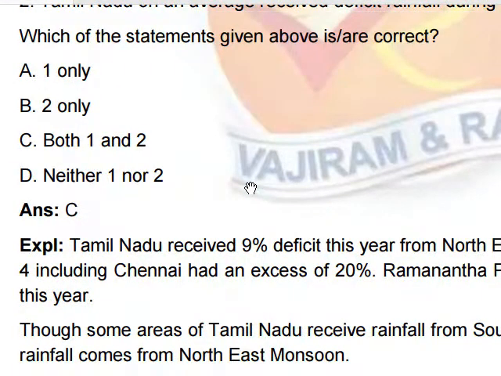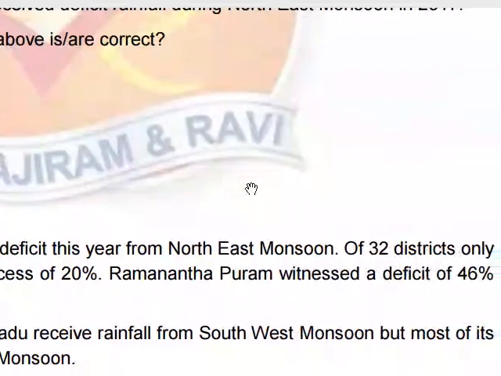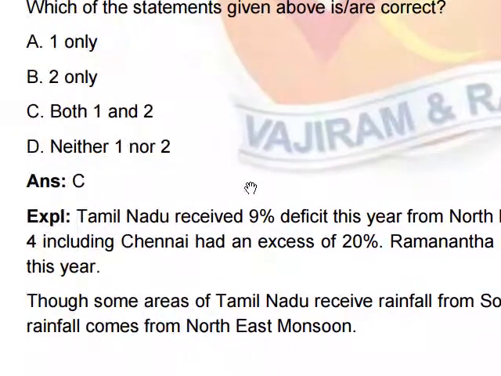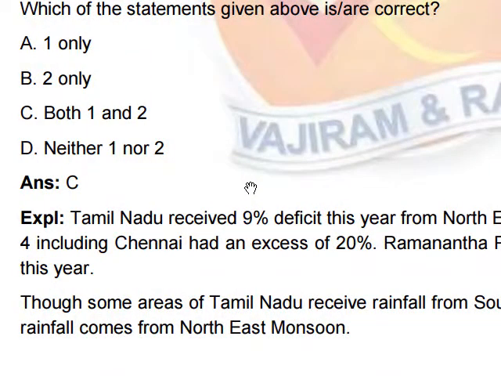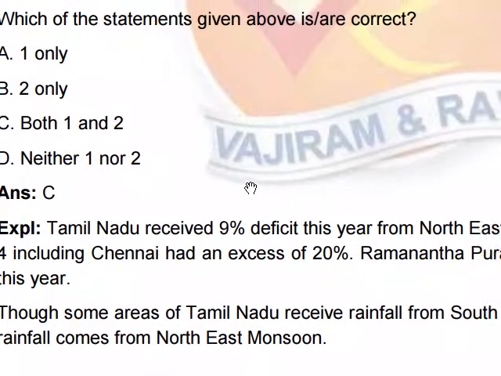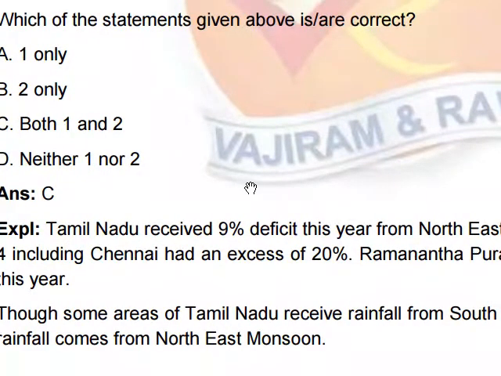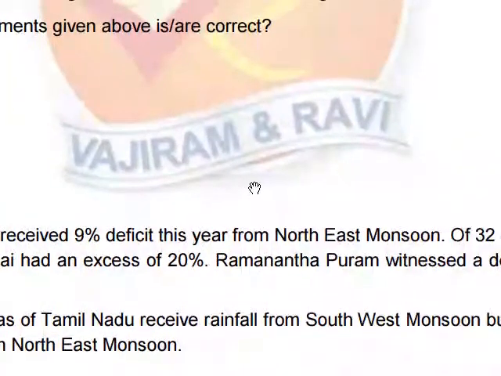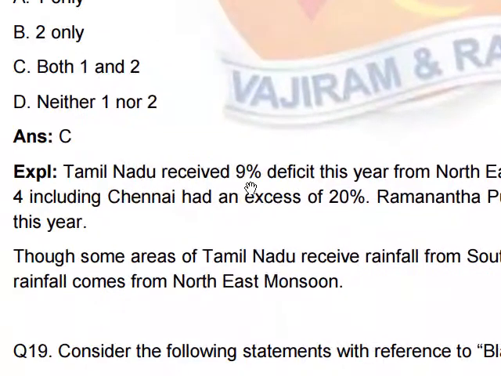Tamil Nadu received 9% deficit this year from the northeast monsoon. Of 32 districts, only four, including Chennai, had an excess of 20%, and Ramanathapuram witnessed a deficit of 46% this year.